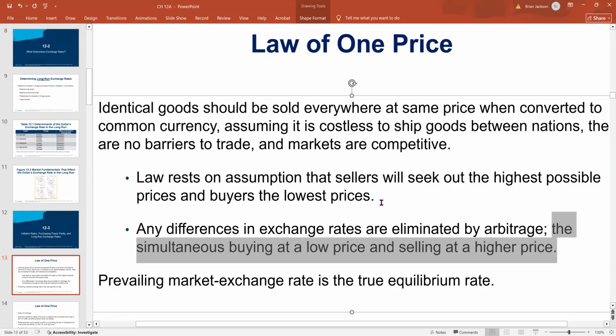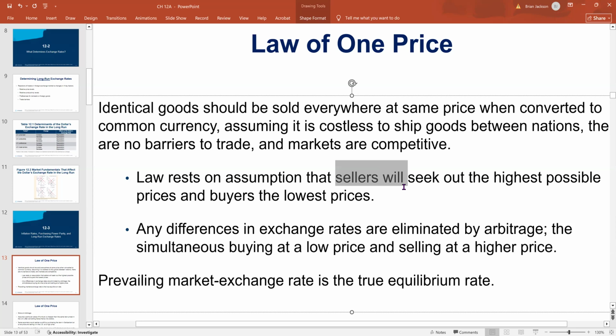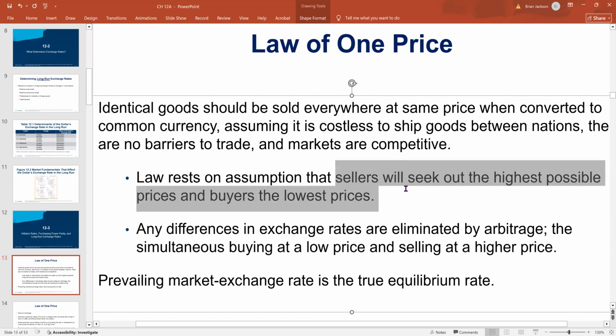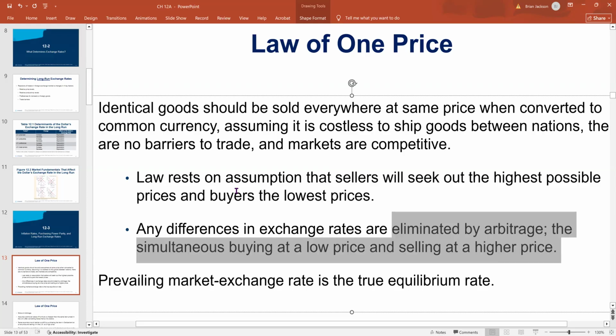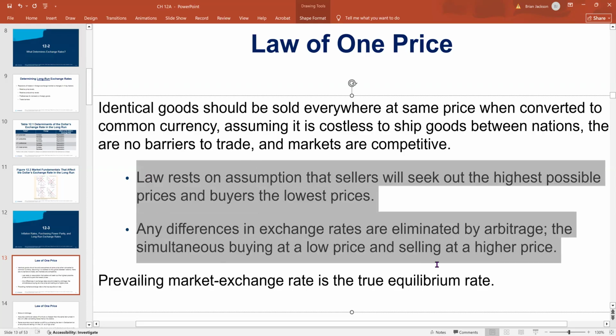Well, that opportunity will dissipate because sellers will always seek out the highest possible price to sell their goods, and they'll go buy wherever they can get their goods at the lowest price. So no arbitrage opportunities. I guess we could basically put these two together by saying that.